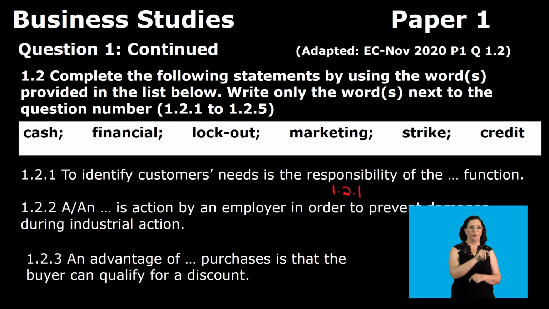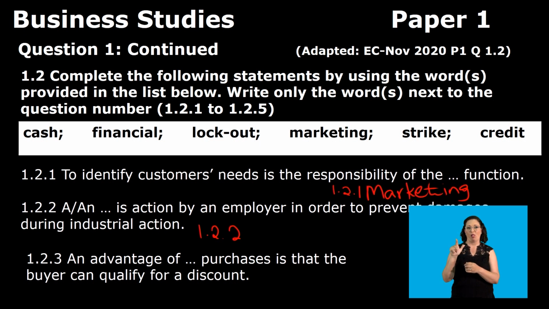1.2.1. Which one is the correct answer? Yes, you're correct. The correct answer is marketing function. That's what you write. You write marketing. Then you move. You go to 1.2.2. And is action by an employer in order to prevent damages during industrial action.